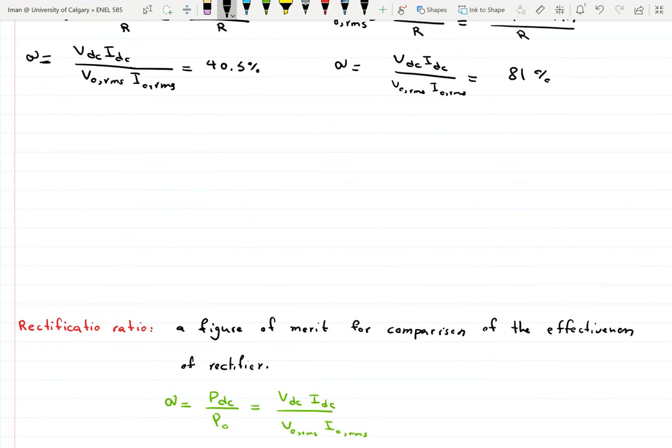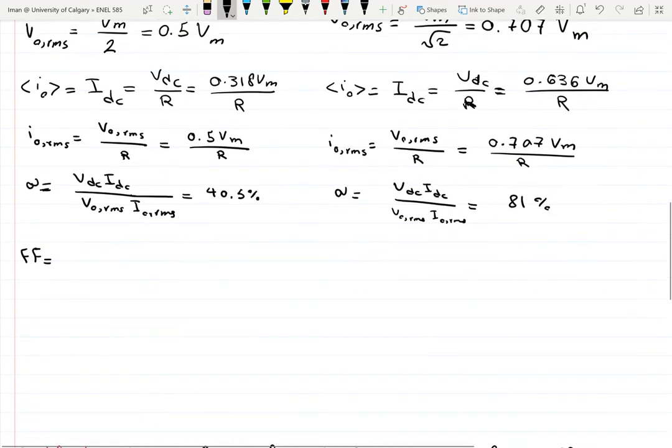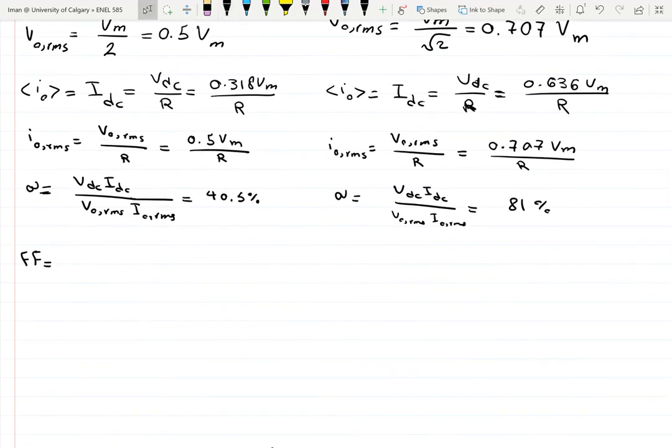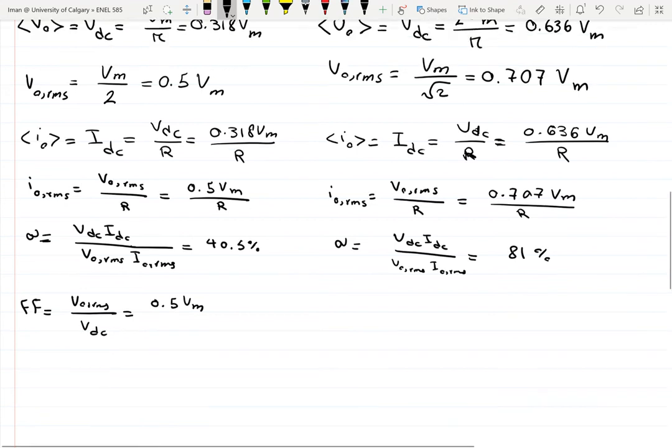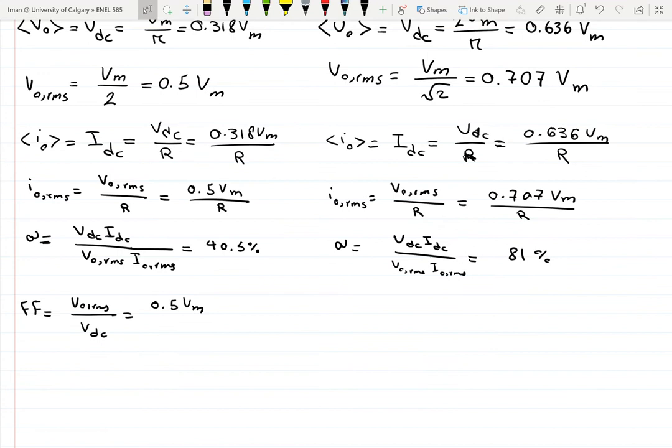So form factor here would equal V out RMS divided by VDC, 0.5 Vm divided by 0.318 Vm, which would be equal to 1.57.